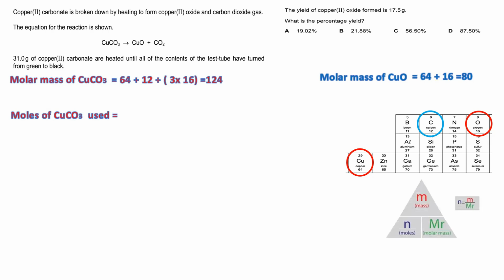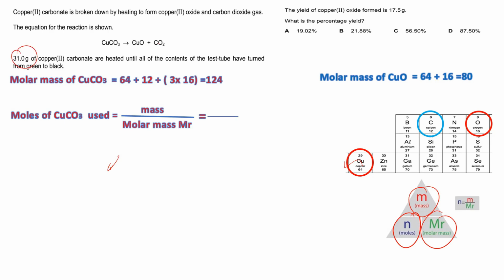According to this triangle, number of moles equals mass used, the given mass, over Mr. So, to calculate the number of moles of CuCO3 used in this problem, we use mass over molar mass: 31 grams of copper(II) carbonate over 124 grams as Mr. The result equals 0.250 mole.